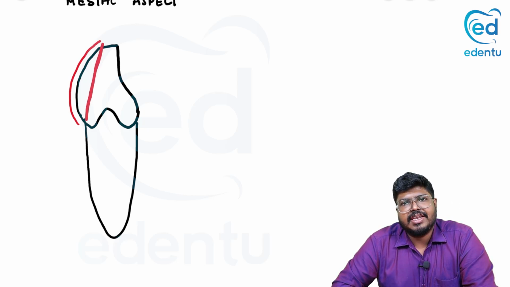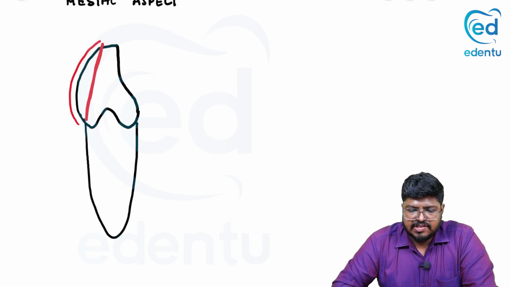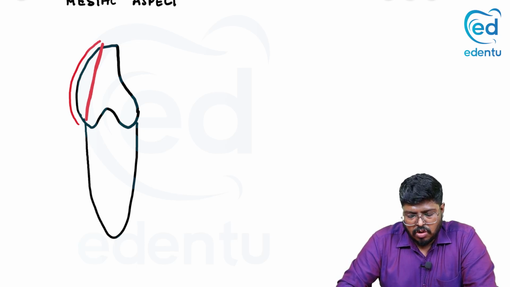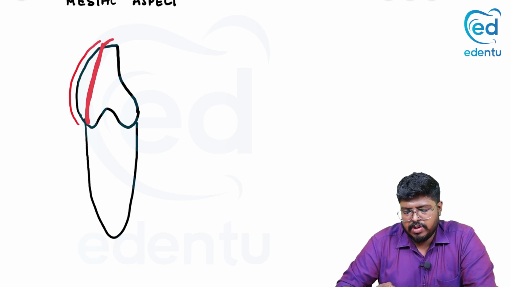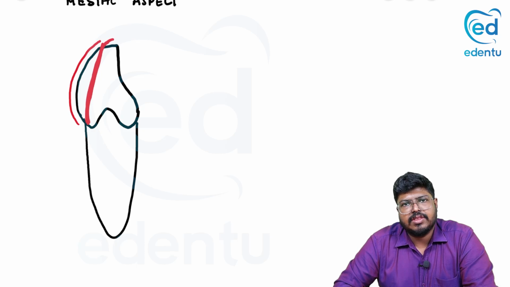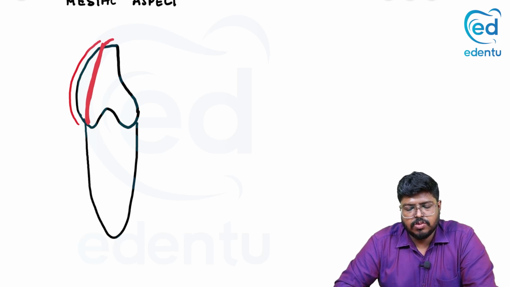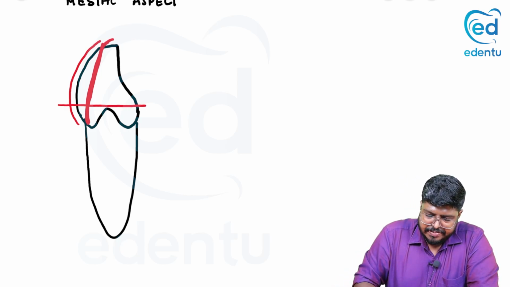So these are the variations that can exist in the mesial half of the tooth. If it is a straight outline, the convexity will be only at the level of the gingival third. So there are two varieties of tooth: one can be very convex, and one can be straight and convex only at the gingival third.